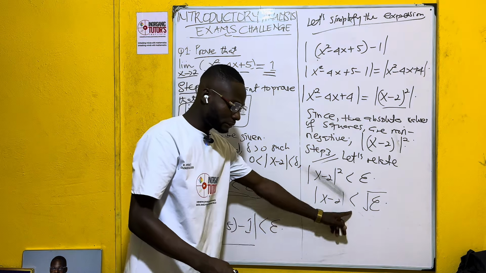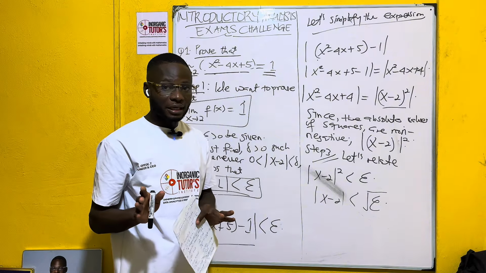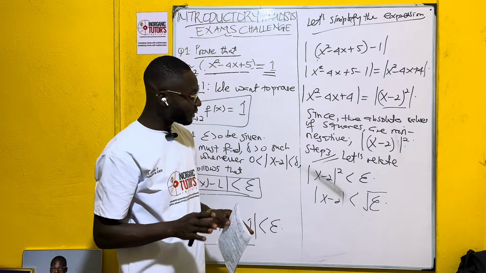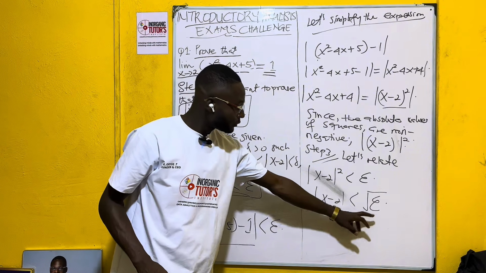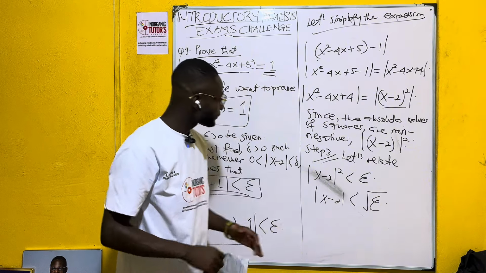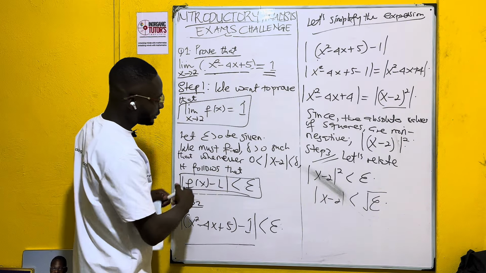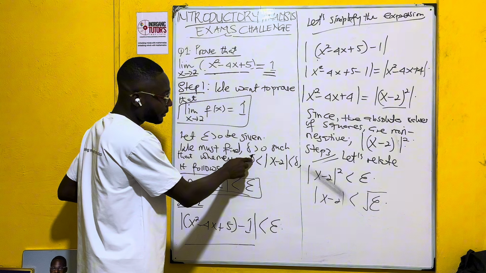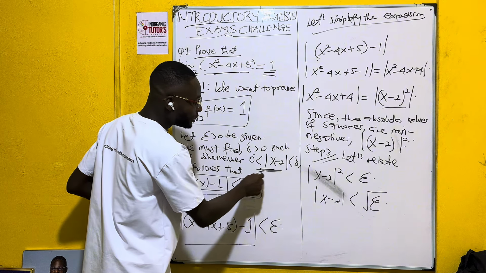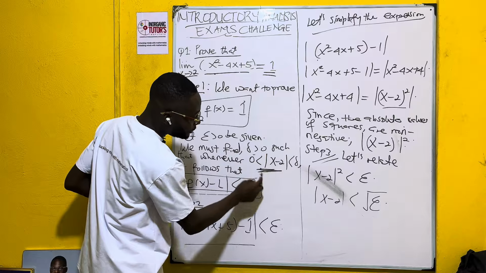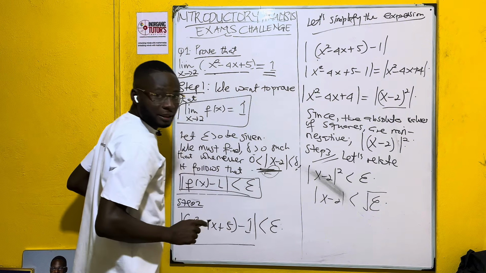Now, let's choose a value for delta. Delta will be the square root of epsilon. You know why? We stated in here that delta must be positive, right? And the absolute value of x minus 2 should lie between 0 and delta, right?